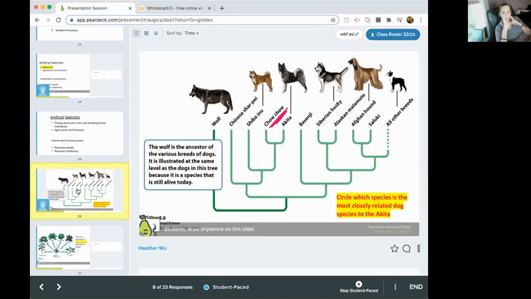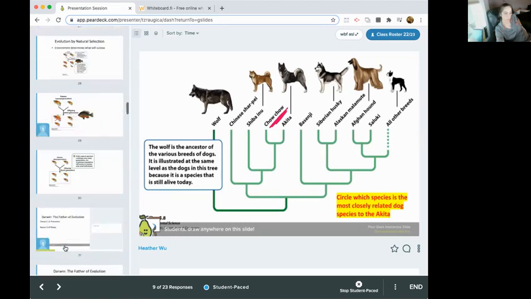Good, I see one of you have done slide 26, where you tell me about which species is most closely related to the cheetah. So reading and interpreting charts and diagrams is huge for this year's test.